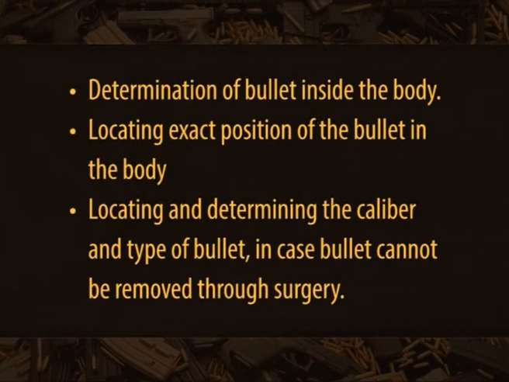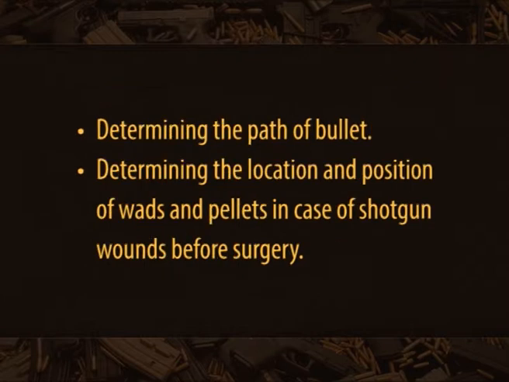For analysis of gunshot wounds, X-ray proves to be very useful for forensic investigators. It helps in determination of bullet inside the body, locating exact position of the bullet in the body, locating and determining the caliber and the type of bullet in case the bullet cannot be removed through surgery, determining the path of the bullet, determining the location and position of wads and pellets in case of shotgun wounds before surgery.